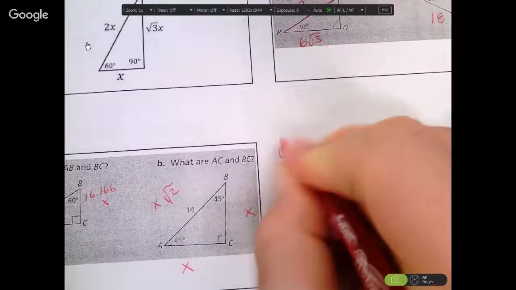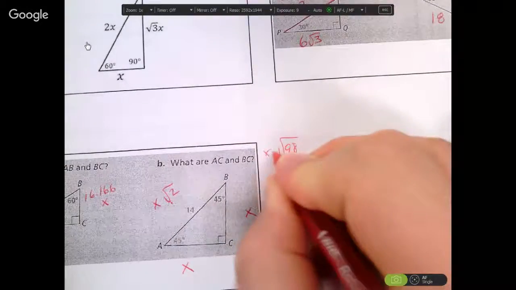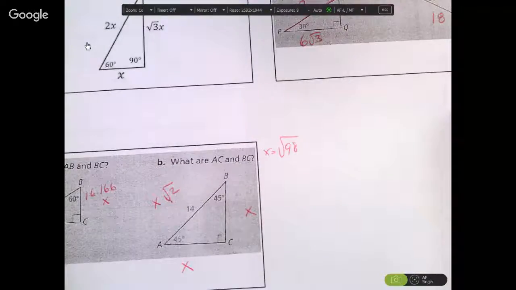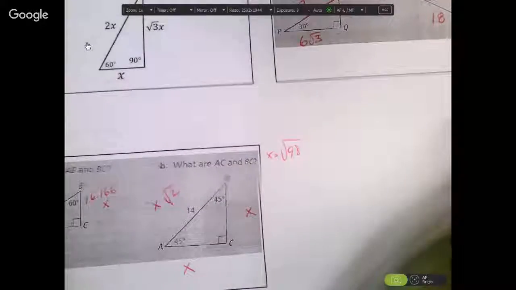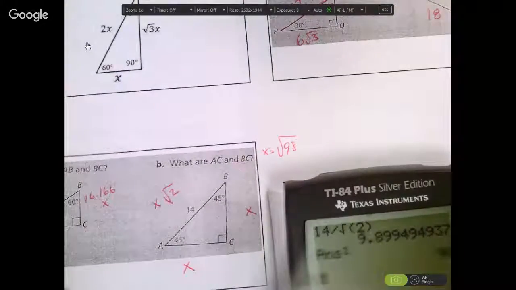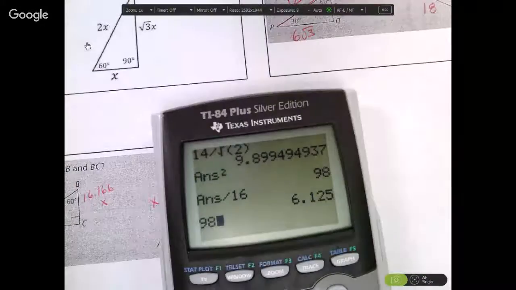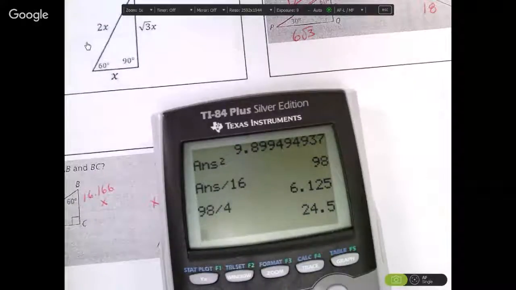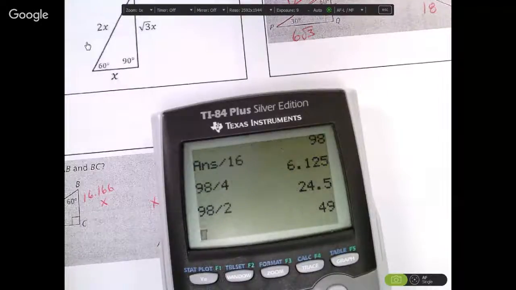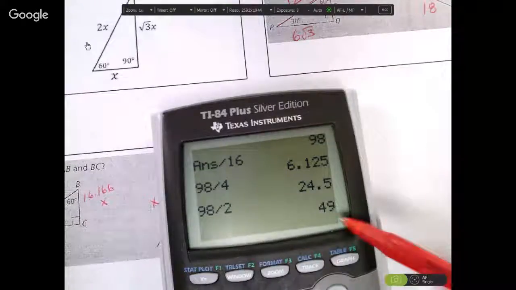square root of 98. Now, I am okay with it being square root of 98 unless you can break 98 down. I can divide 98 by what? 16? Okay, it gave me a decimal. 98 divided by 4 gave me a decimal. 98 by 2 is 49. So here's the thing, if I divide by 2, I gotta be able to divide by what again? Look what just popped out.